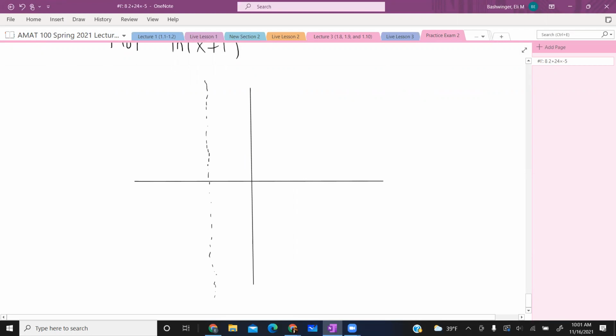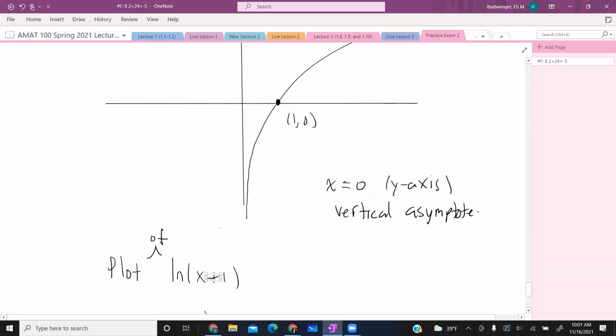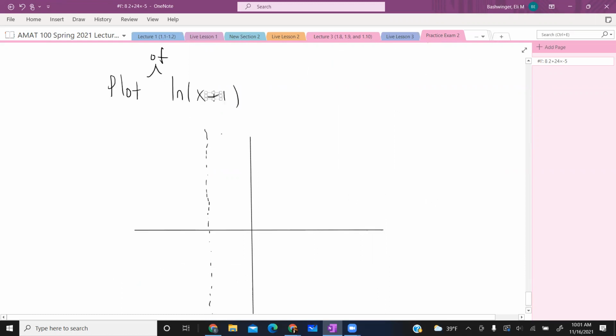And then I don't know where it's going to cross. Yeah, if you shift this over 1 unit, the root shifts over 1 unit, it goes to the origin.